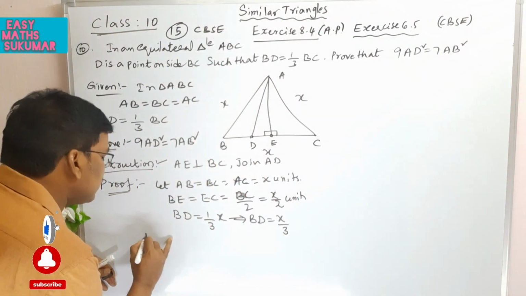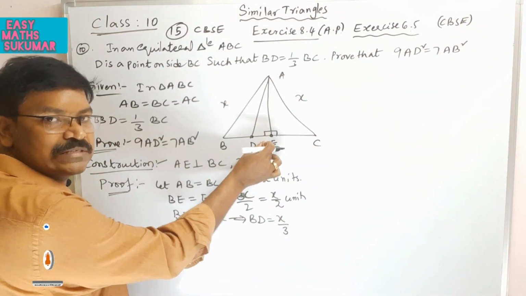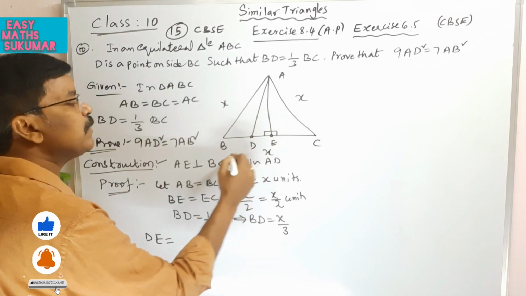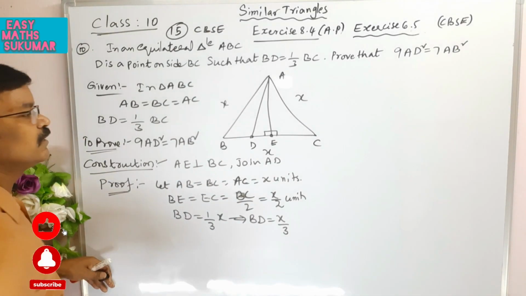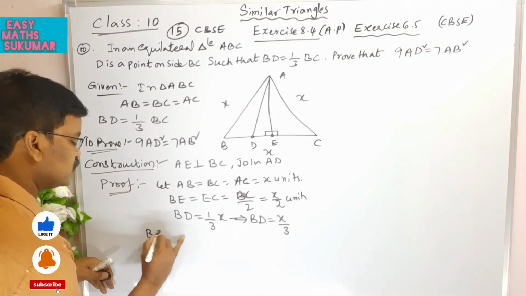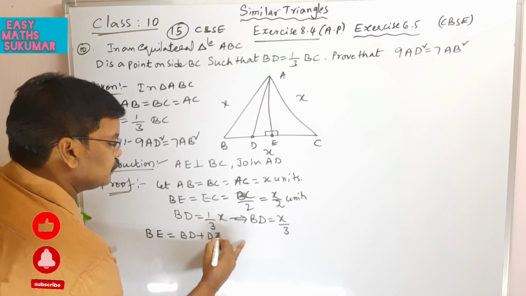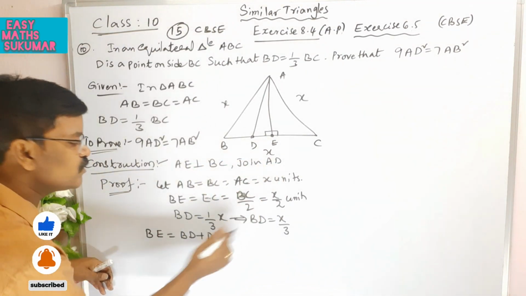What about DE, my dear students? DE means BE minus BD, you know. Otherwise, we can write one more step here. BE is equal to BD plus DE. What is BE?